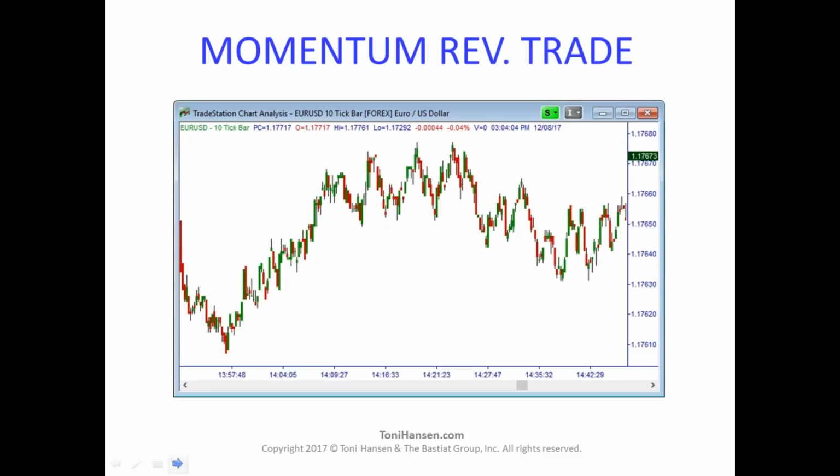So with this chart that I have up, we just have the Euro USD, and this is something I originally was showing her. I had my scanning screen up, and one of the charts was a 30-second of the Euro US dollar.